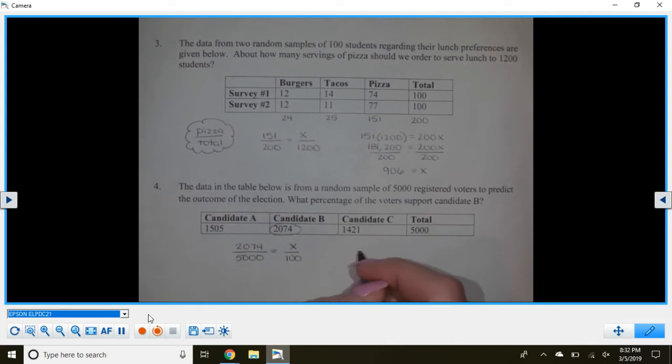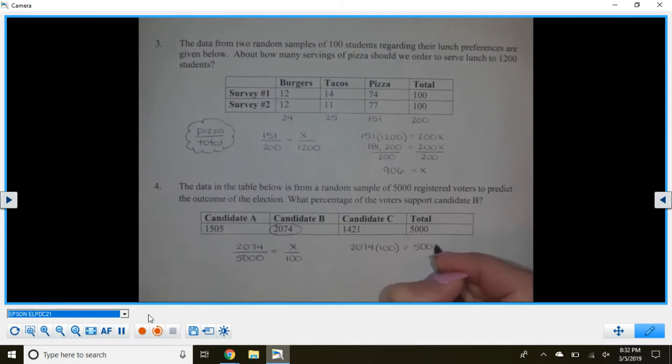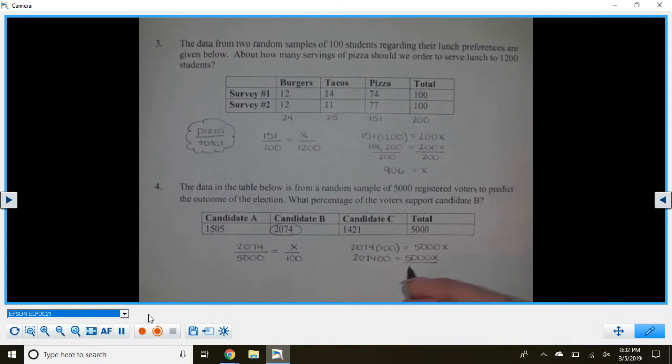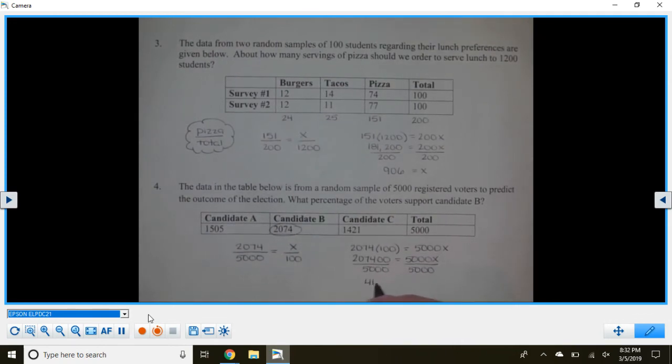We can cross multiply. 2,074 times 100 is equal to 5,000 times x. Undo multiplication with division. And we get 41.48 equals x. So about 41.48% expect candidate B to win.